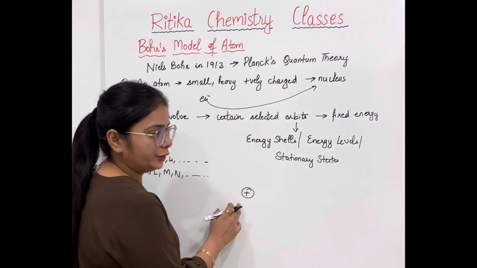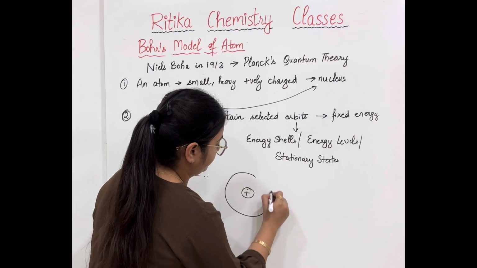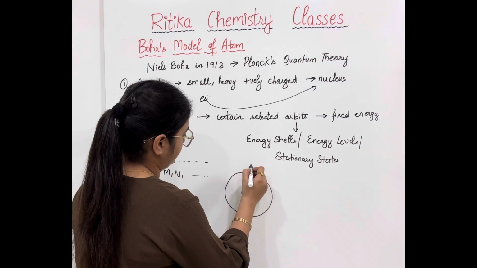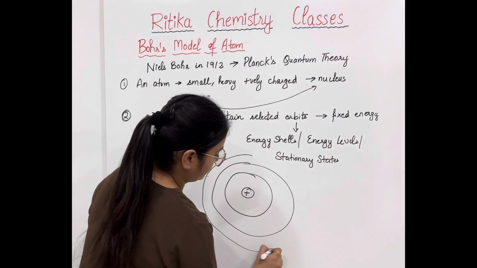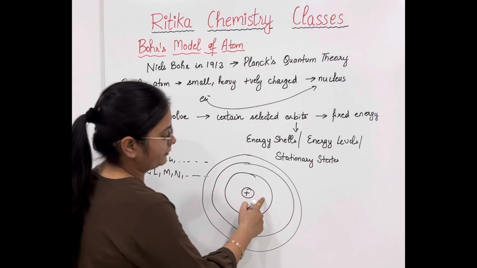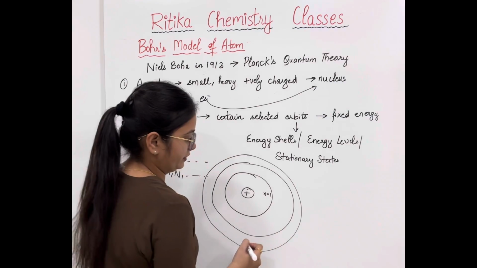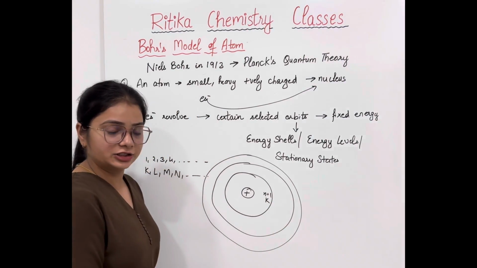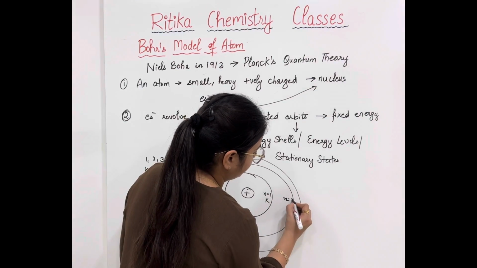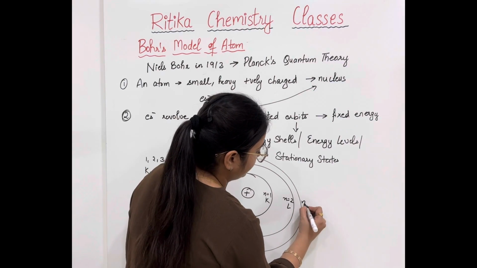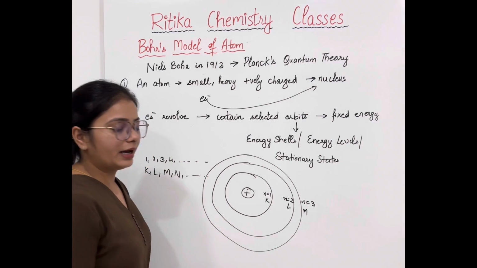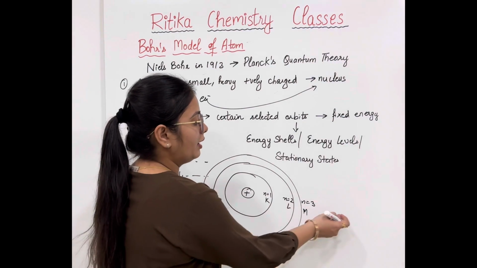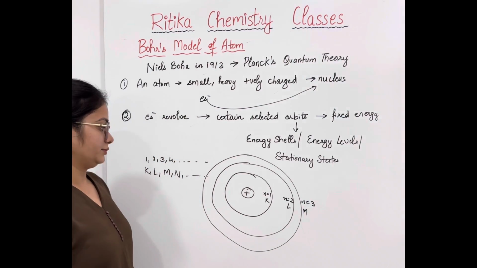If this is our nucleus and this is our first energy level, then we have the second, then the third energy level. The first energy level is numbered 1 and designated K shell, the second is number 2 and L shell, and the third is n equals 3 and M shell, and so on.